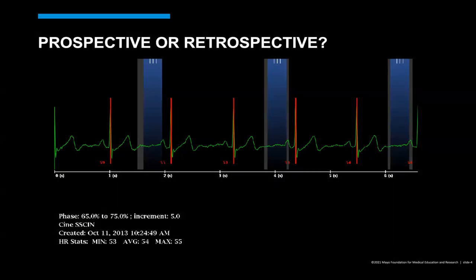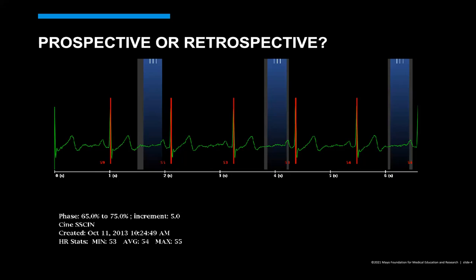And so this first slide here, sort of a simple physics question. This is the ECG tracing snapshot that comes across, and the question is: is this prospectively triggered or a retrospectively gated acquisition?